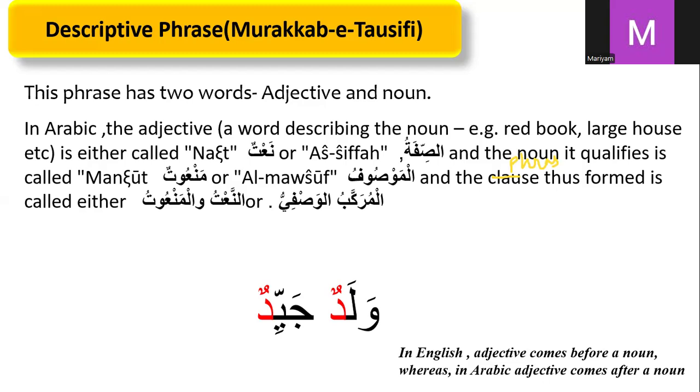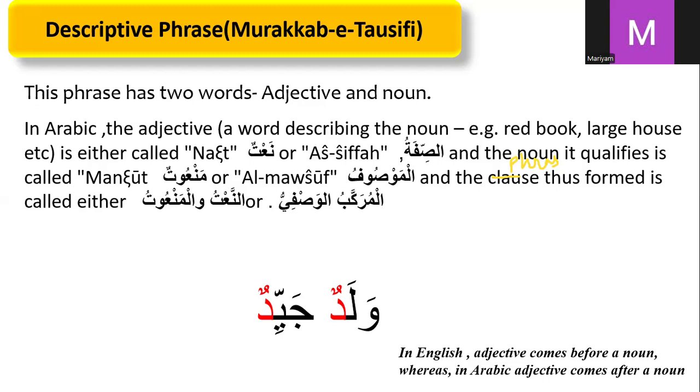For example, if I want to analyze a prepositional phrase, this is very easy. If I find any preposition, I can understand that the next noun is isme majroor, and both are Murakkabe Jari. In Mudaf and Mudaf alayhi, we need to keep in mind the structure. Mudaf doesn't begin with al and doesn't end with tanween, whereas Mudaf alayhi begins with al or ends with tanween.